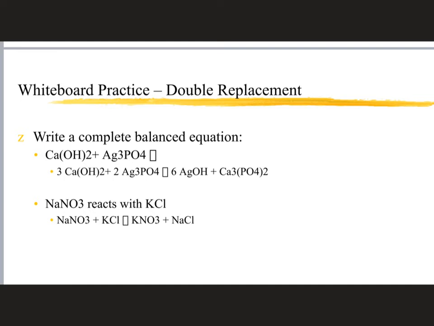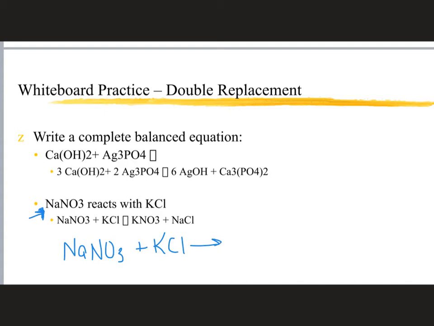Alright, so a couple more examples with this. I'm actually going to do the bottom one first since it's a little less atoms involved, might be a little easier to follow. So I've got sodium nitrate, 3 is a subscript, reacting with the potassium chloride.